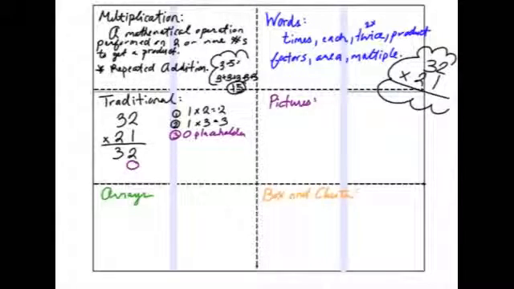And we continue on with our multiplication. 2 times 2 is 4. 2 times 3 equals 6. And now we'll do our addition. 2 plus 0 is 2. 3 plus 4 is 7.